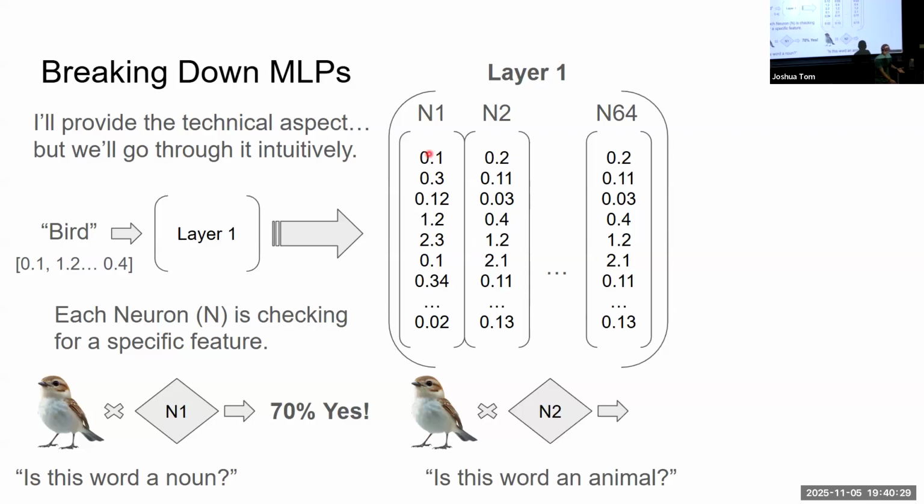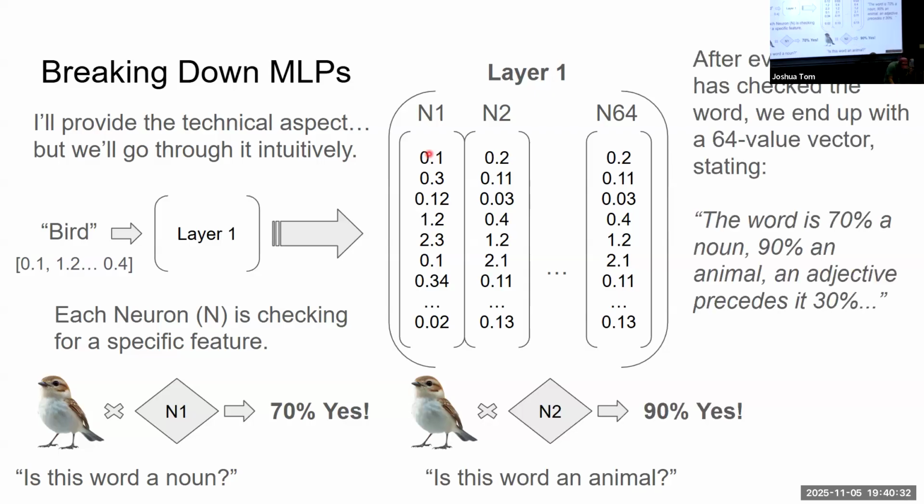That's what's happening here. By the end, after we've checked bird against every single neuron, we get an output of what bird means, how we represent bird. So it's 70% a noun, 90% an animal, 100% can fly, 10% has, I don't know, hair or something.